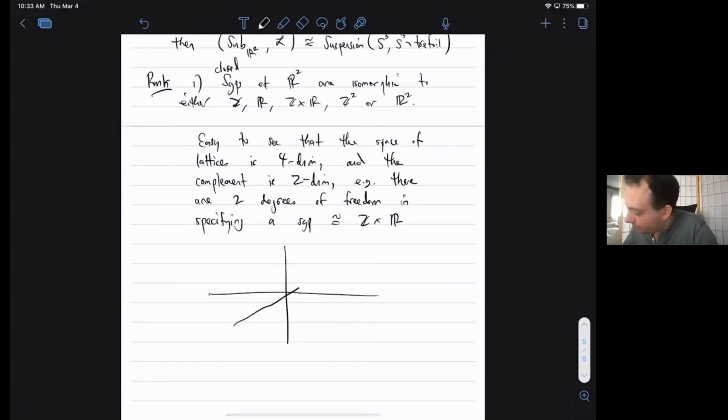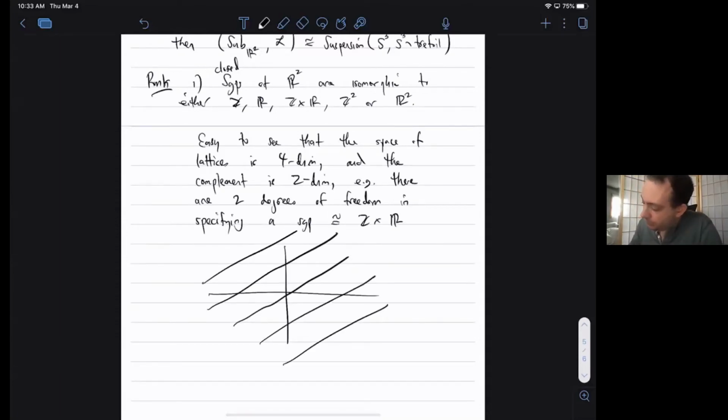It looks like a bunch of parallel lines. And what do you need to specify in order to get a bunch of parallel lines? You need the angle that the lines make with the horizontal, and then you also need the distance between the lines.